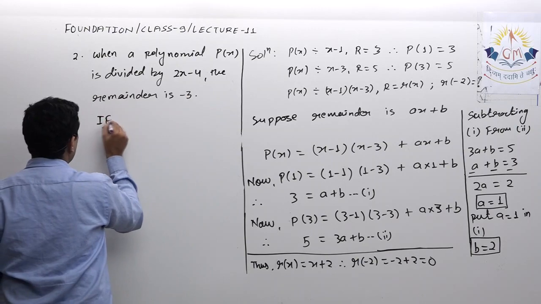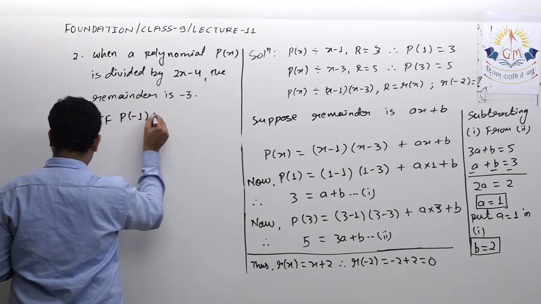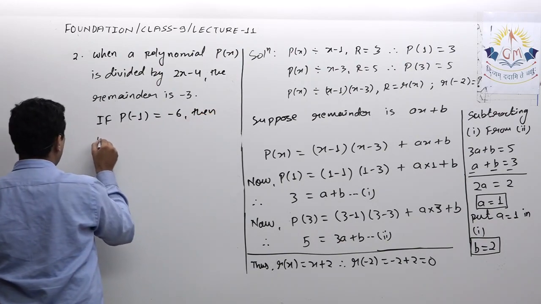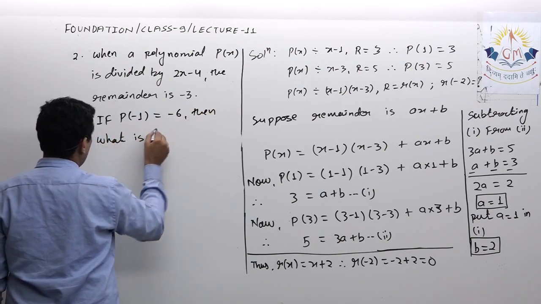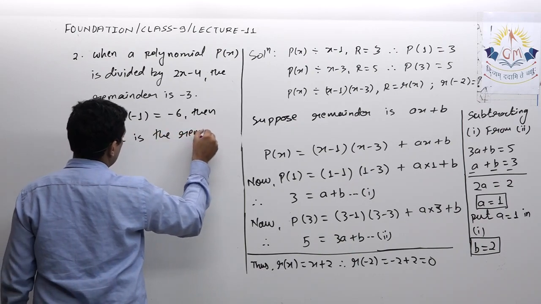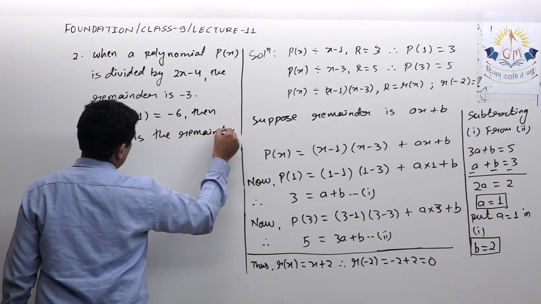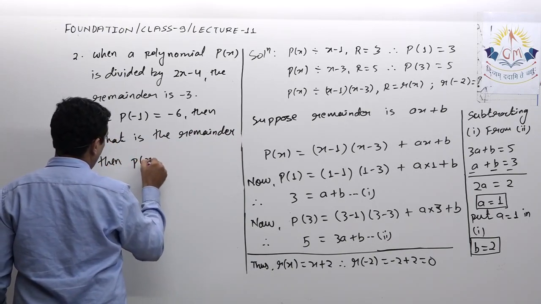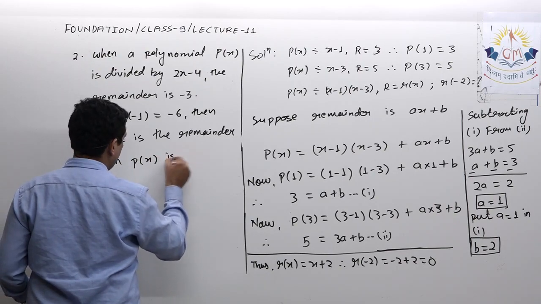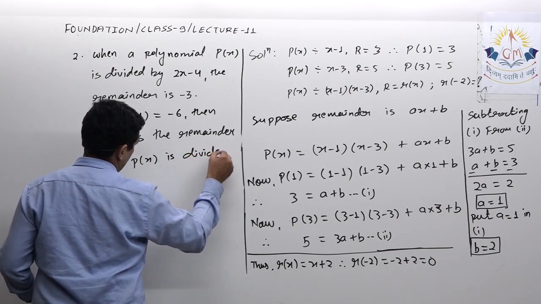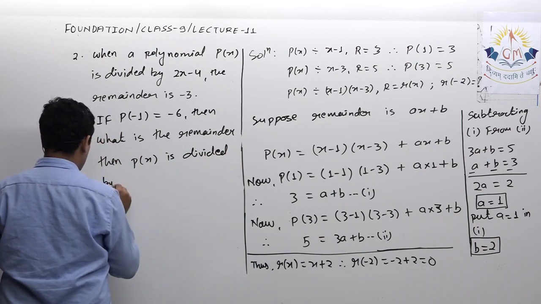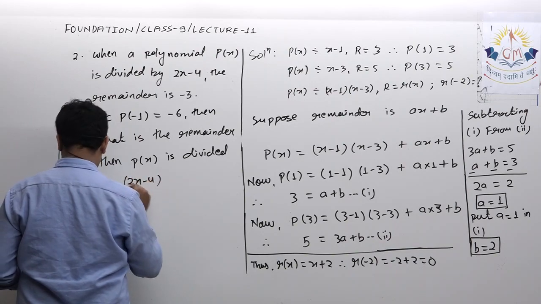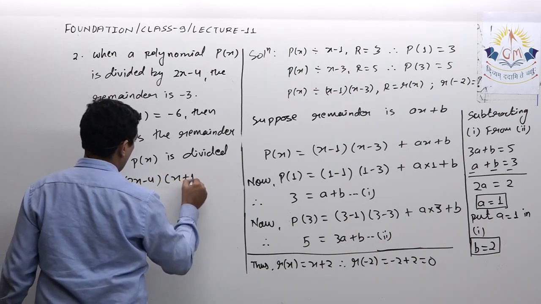If p of minus 1 is equal to minus 6, then what is the remainder when p(x) is divided by (2x minus 4)(x plus 1)?